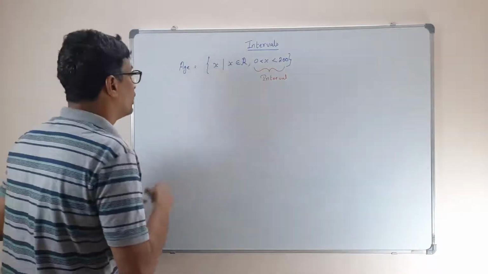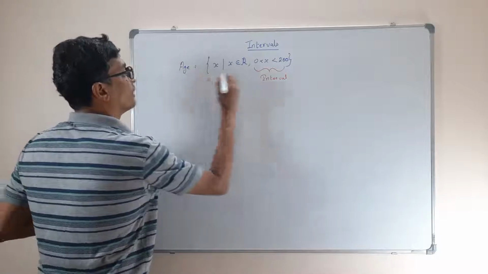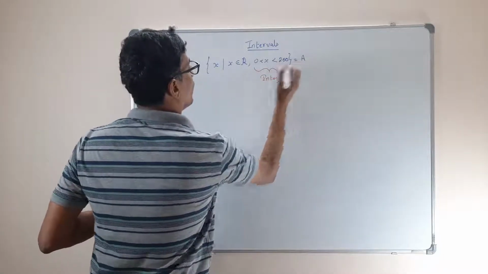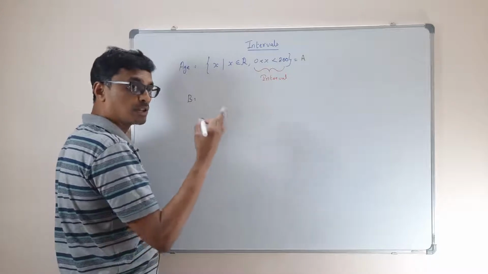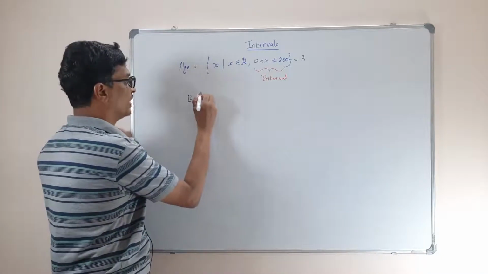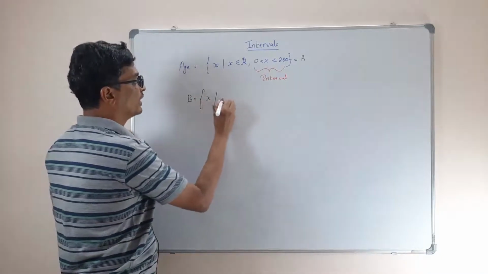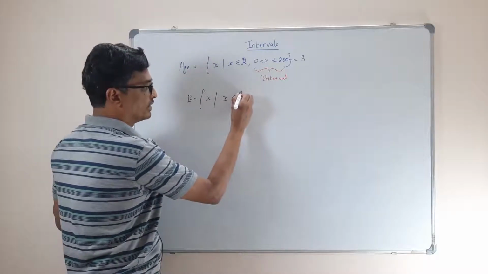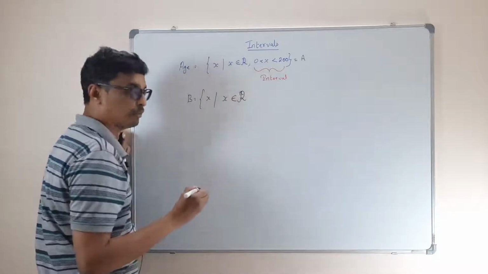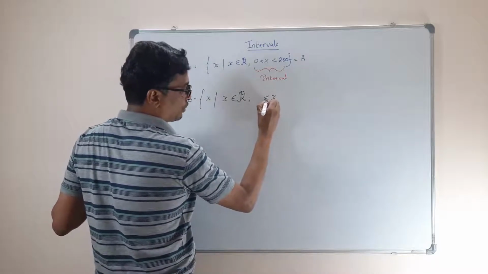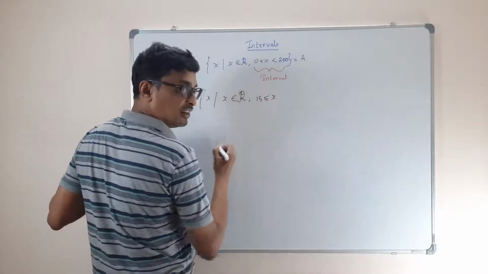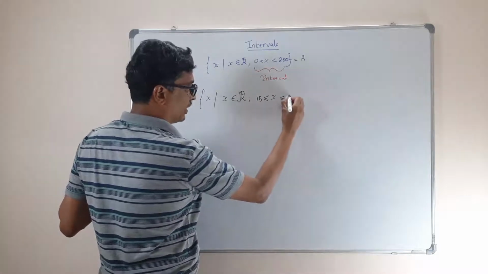In that case, this was a set; I will call it A, and let me call this one B. That's the age of the students who are studying 11th and 12th standard. So x such that x is again a real number, and x will include the age 15 and it may include the age 18.